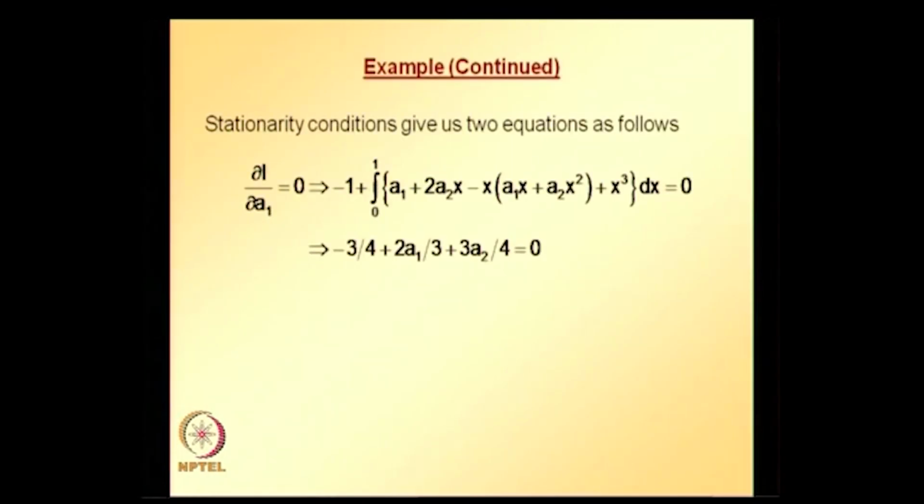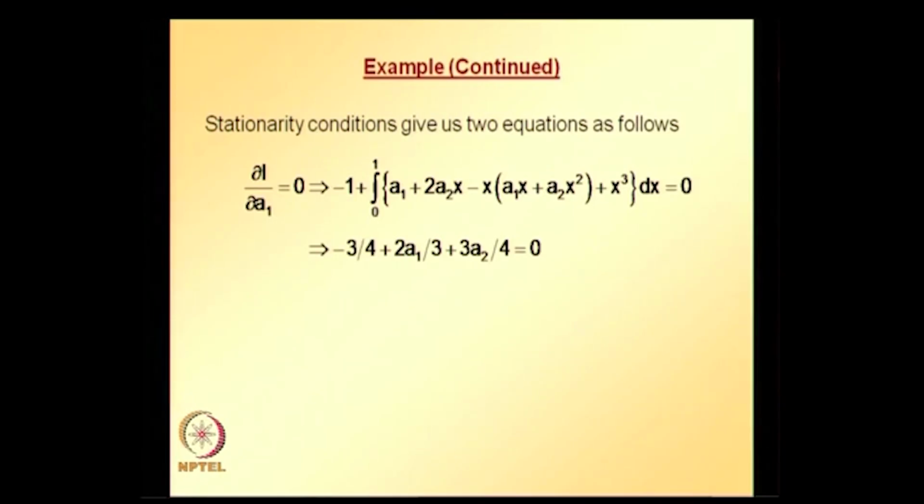And what we have is variation of I is equal to 0, that is possible only if the partial derivative of I with respect to the unknown coefficients is equal to 0 independently. If you have n unknown coefficients, then the partial derivative of I with respect to each of these n unknown coefficients should be independently equal to 0.